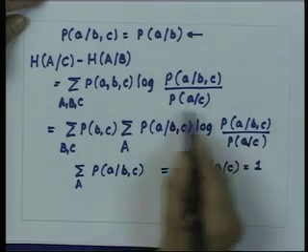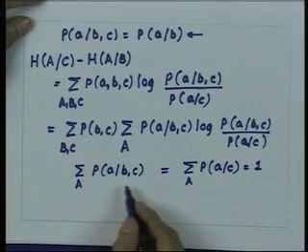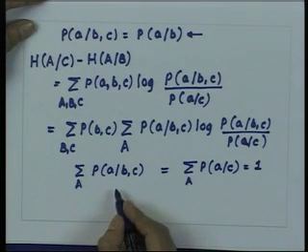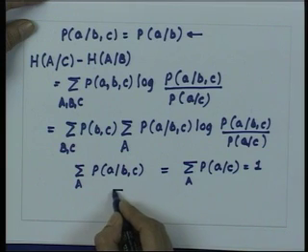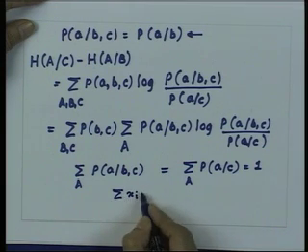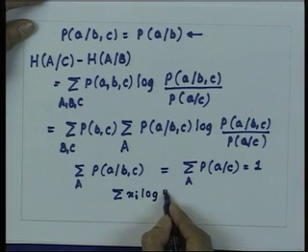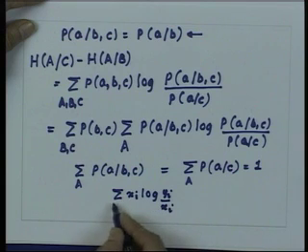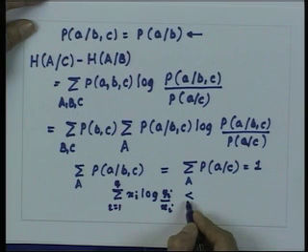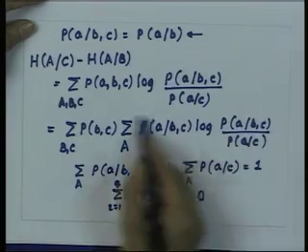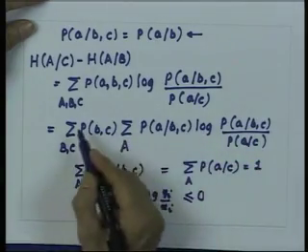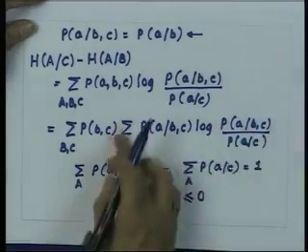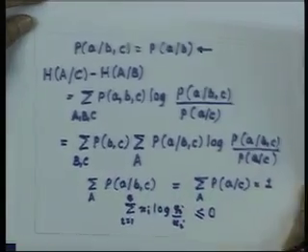So, for this term out here, we can use the earlier relationship which we had derived, that is the summation of x i log of y i by x i, summed over i equal to 1 to q, is less than or equal to 0. So, using this relationship, this quantity out here is always greater than or equal to 0.